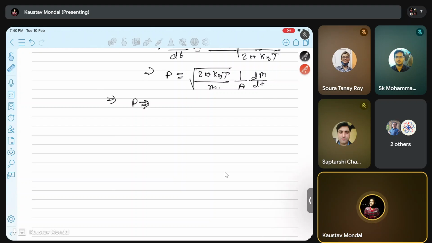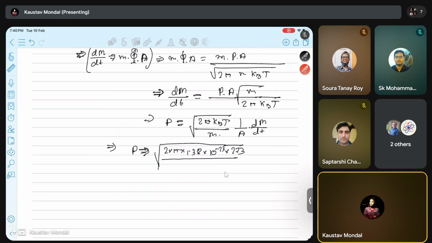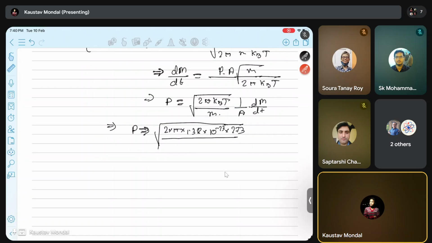So p is basically: 2 into pi into 1.38 into 10 to the power minus 23 into 273, divided by 200.59 into 1.66 into 10 to the power minus 27, into 1 by area.